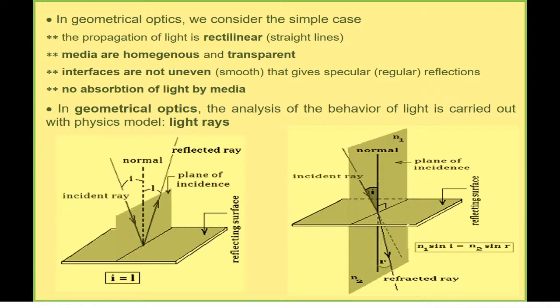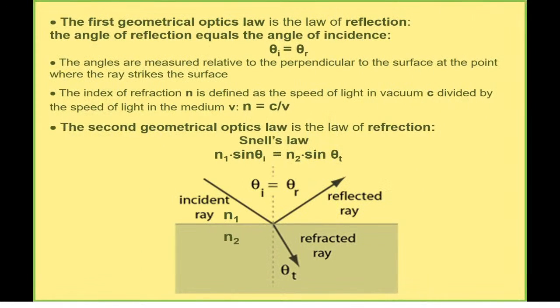So that is why we ignore, or don't deal with, surfaces and interfaces with noticeable irregularities on them. So in geometrical optics, the analysis of the behavior of light is carried out with the physics model of light rays. And this is shown here, how this model may be illustrated.